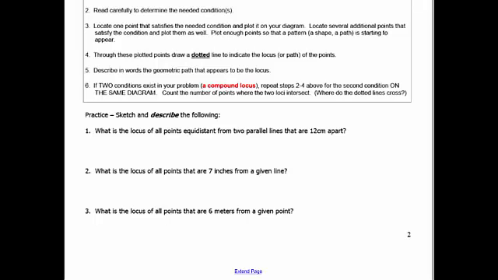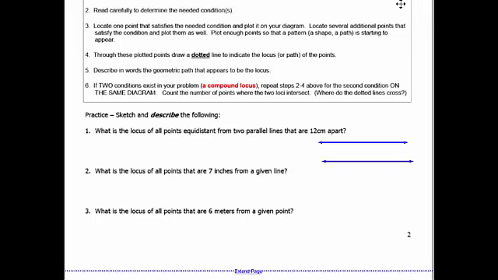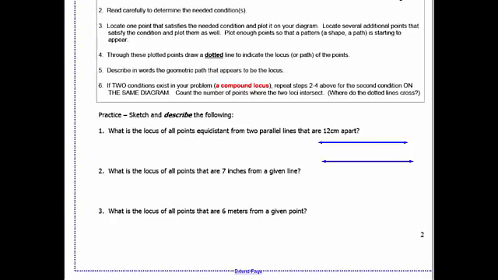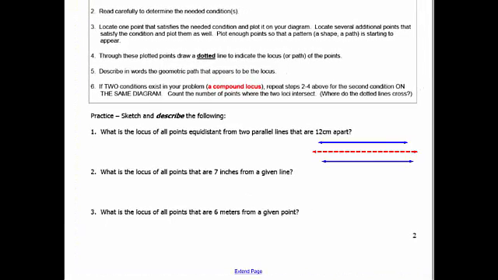The first thing I would do is draw those parallel lines. After I draw the parallel lines, I would sketch my locus. And then I would show any detail that's necessary. If the 2 parallel lines are 12 centimeters apart, then this would be 6 centimeters. Okay, so that's basically the idea behind sketching a locus of points.